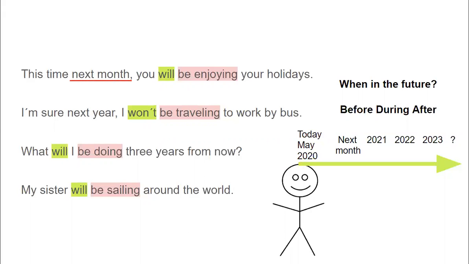So the action will be happening in the future. But when? Before next month, during next month, or after next month? The answer is during next month. All the month you will be enjoying your holidays.